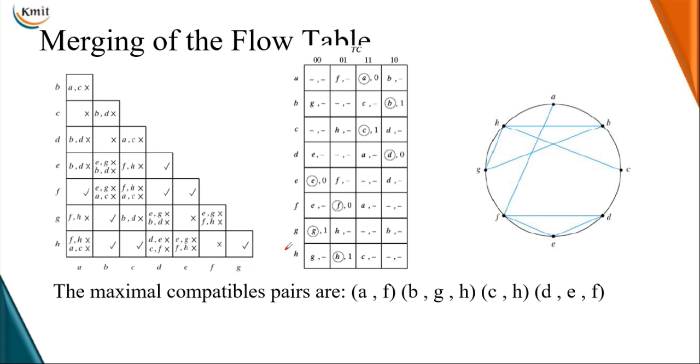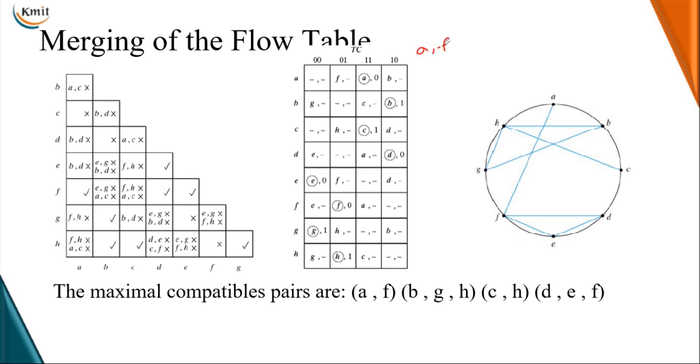Now let me draw the primitive cover table, the cover diagram, using this merging table. Let me write which are compatible: A is compatible with F, so A, F with a tick mark.